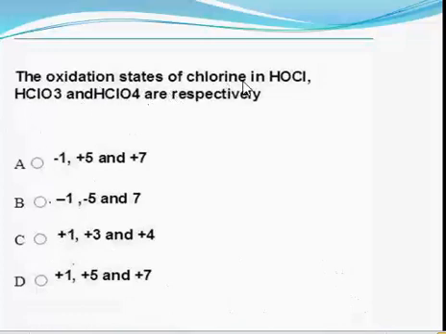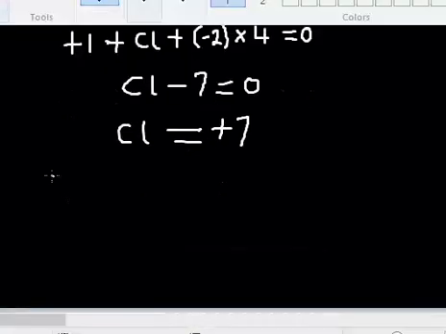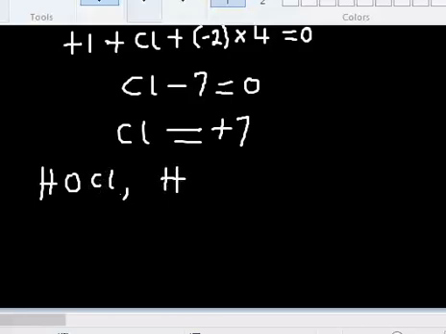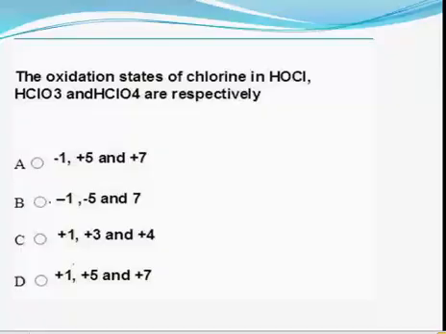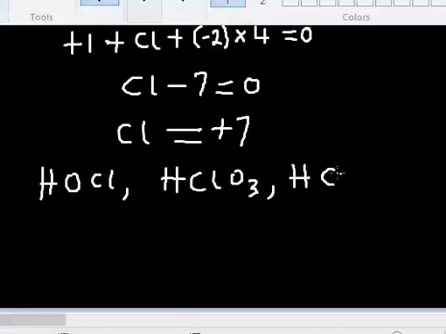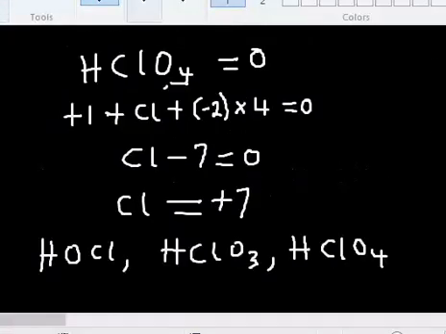The oxidation state of chlorine in HOCl, HClO3, and HClO4. Let's write them down. I think I've done HClO4, right?